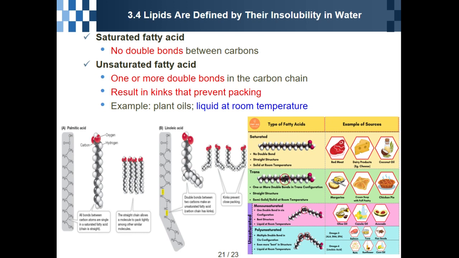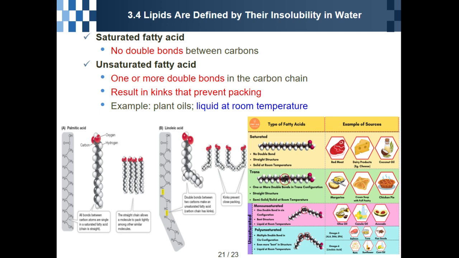But there are two kinds of fatty acid. The first one is saturated, and the other one is unsaturated. For example, in the saturated one there are no double bonds, so they are very straight, like this.